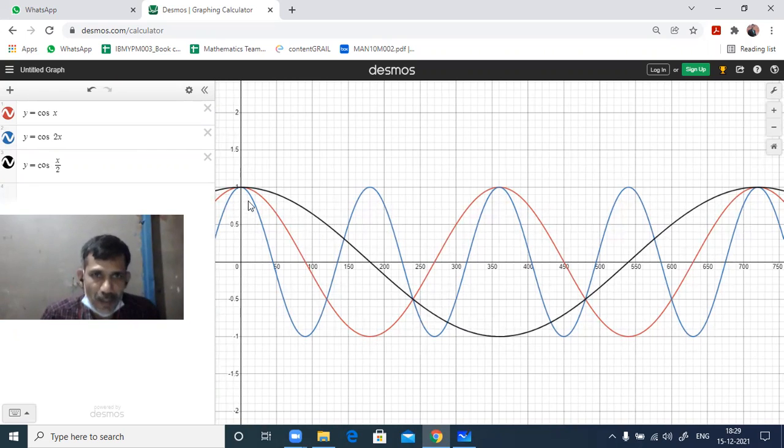The amplitude remains the same. But the period, earlier it was 360. Now you see the period is 720, it is increased. When the angle is decreasing, the period is going to increase. When the angle is increasing, the period is going to decrease. So it is in inverse variation.